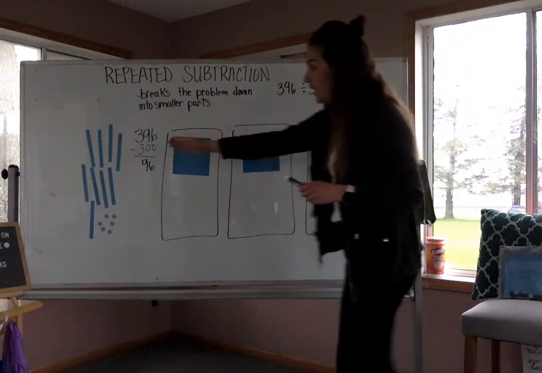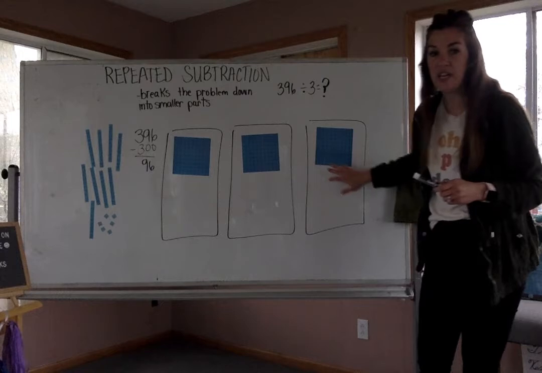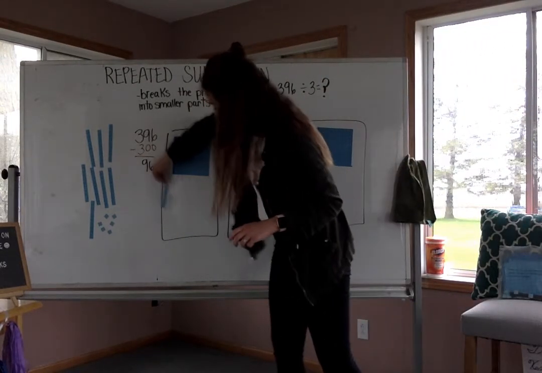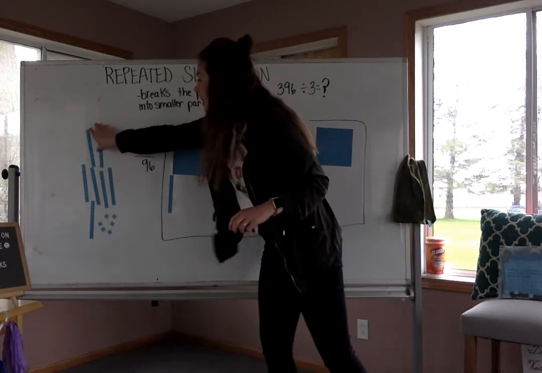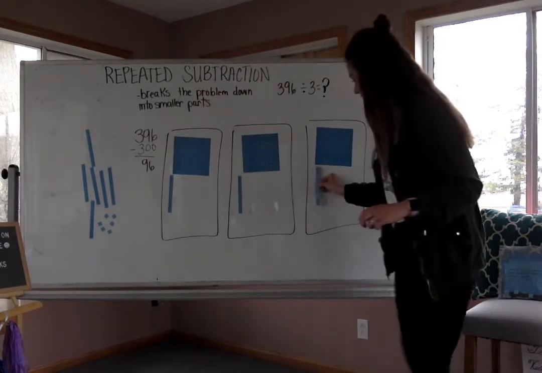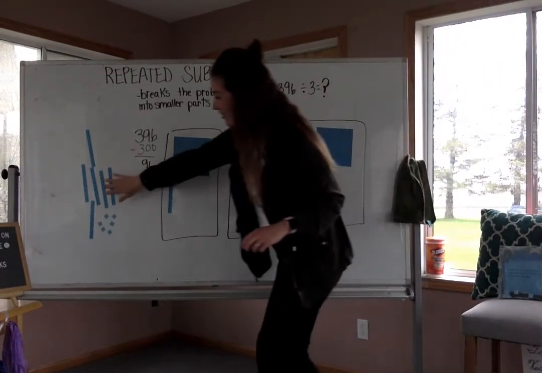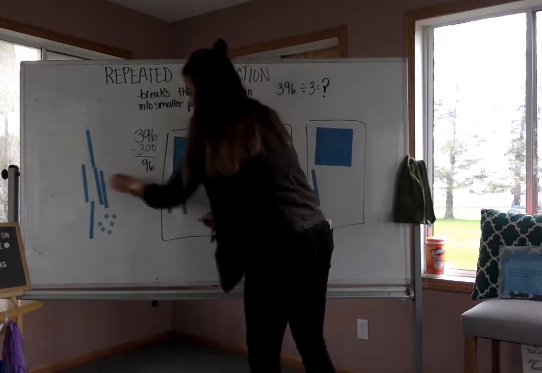So we're going to go one at a time, and we're going to divide those tens blocks equally into these bins, okay? So this crew member gets 10, this crew member gets 10, and this crew member gets 10, okay? I noticed that I have at least 3 more over here, so I'm going to keep going with the tens.